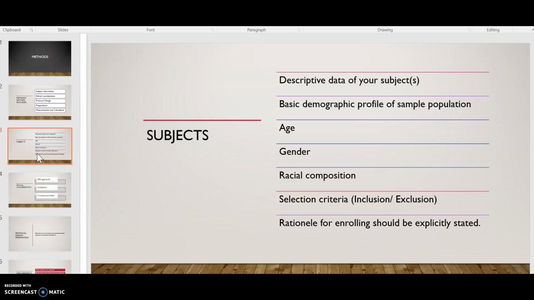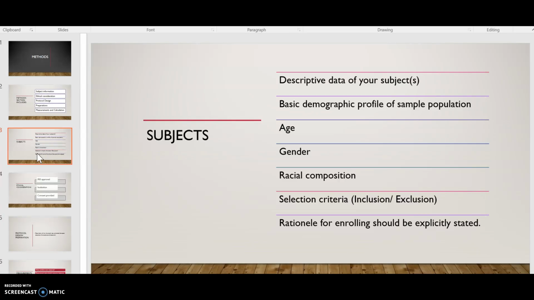Again, this is just a single subject project, so in most of your cases you may have picked your inclusion and exclusion for the most part based on availability of participants. But if this was a full blown study, you would want to make sure that your inclusion and exclusion criteria are well defined before even starting the study, because that is how you're going to pick your sample population.